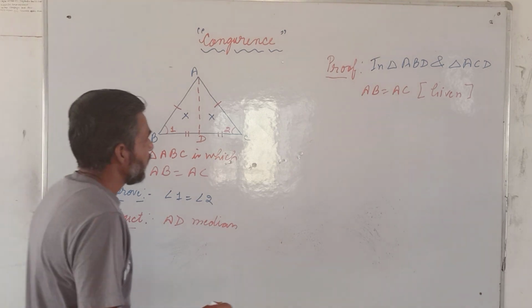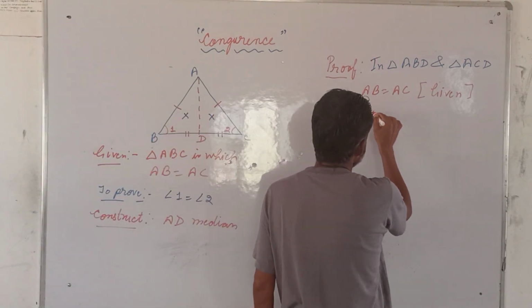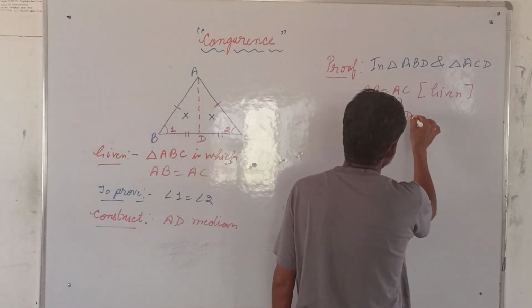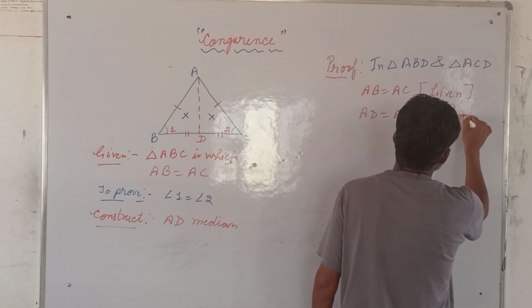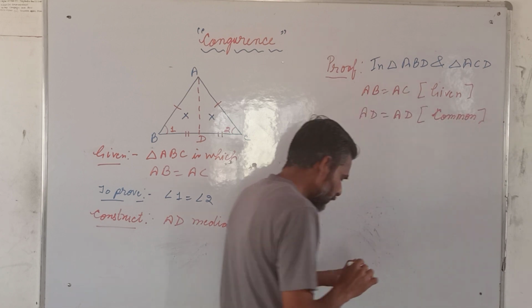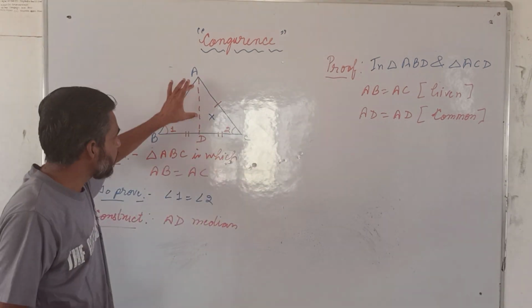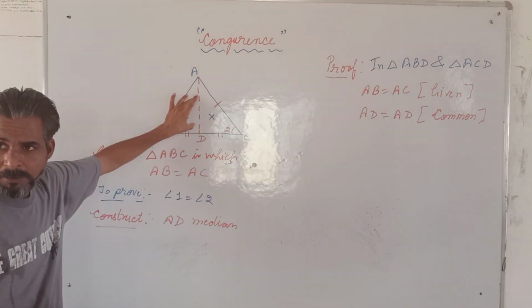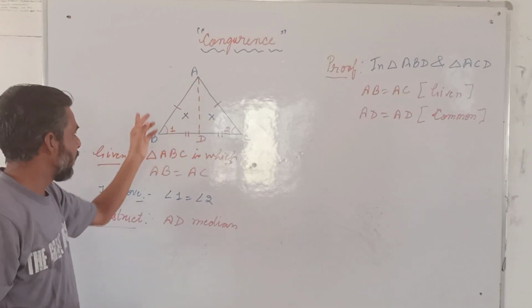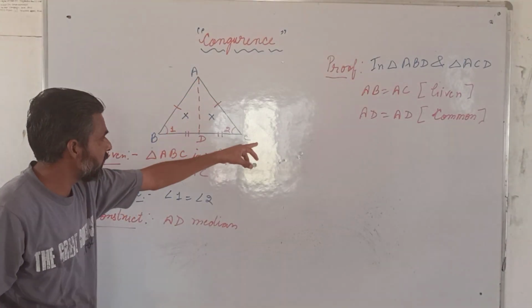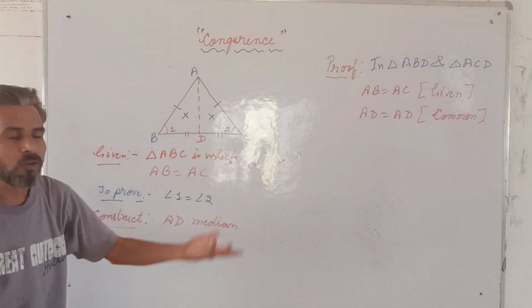Now the second thing, AD is equal to AD. It is common. AD is the line segment which is included in both the triangles. AD is coming in both, in triangle ABD as well as in triangle ACD. It is common.